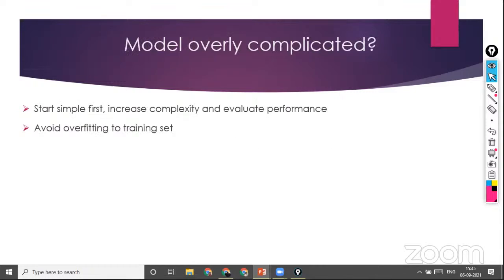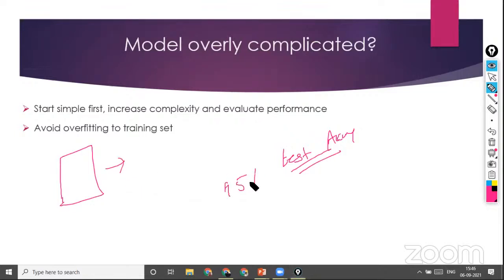Also ensure you don't overfit to the training set. For that, you can divide your data into training and test sets, and always check the test accuracy of the model. Sometimes when you're working with an image data set, there is a chance that you build all the models using images from the same distribution, like you captured them using a Raspberry Pi compatible camera, and you tested it and got 95% test accuracy.